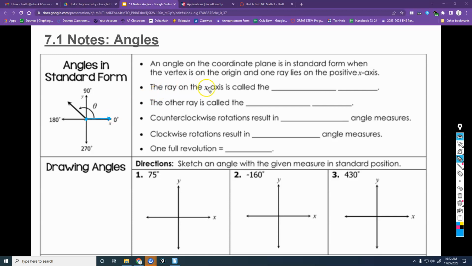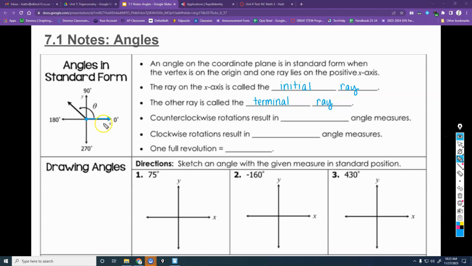The ray on the x-axis is called the initial ray. And the other ray is called the terminal ray.